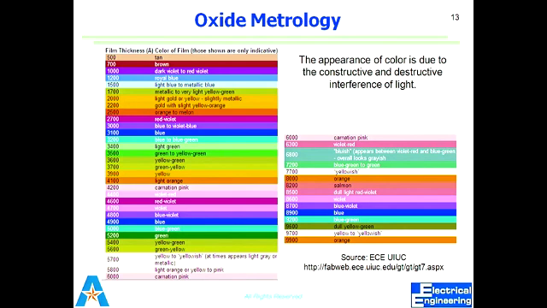For the first few hundred angstroms, you won't see this. That's why it starts from 500 angstroms. After, I would say, 600 or 700 angstroms, you will clearly see a color change in the wafer.